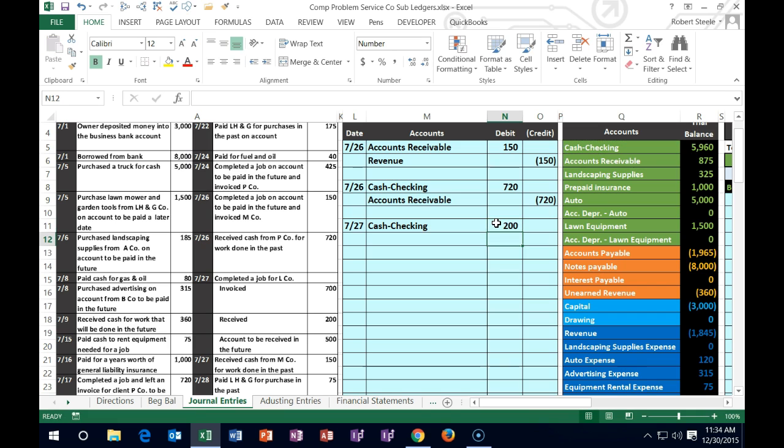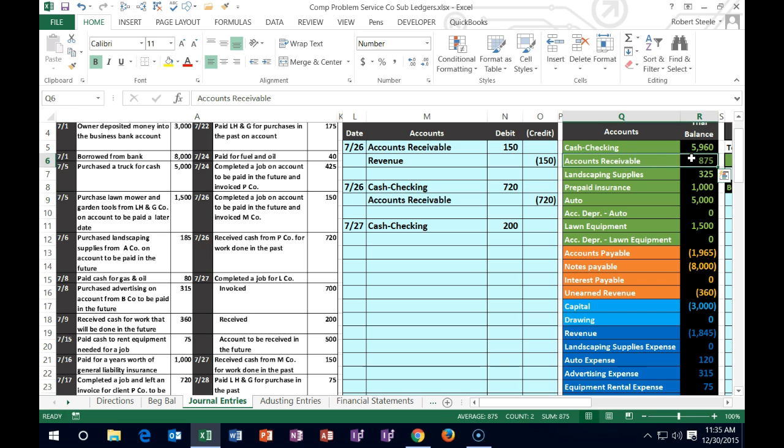But this is a little bit tricky because there's going to be 3 accounts affected instead of just 2 accounts, because we broke out what we received between 1, the cash, and 2, the IOU. So we got cash, but we also got something else for the work. We did 200 is what we received. We did work of 700. Therefore, we have an IOU of 500. That means that the receivable also went up by 500.